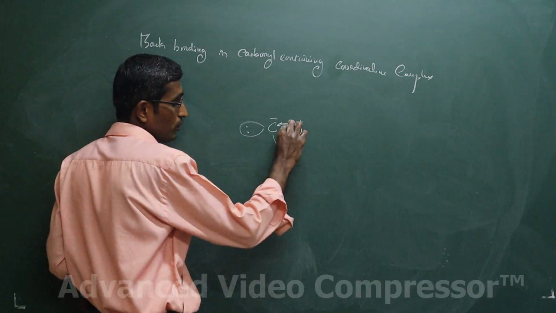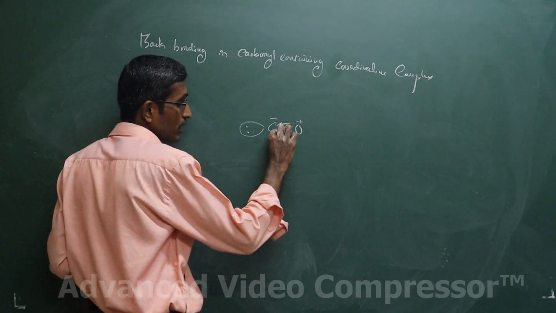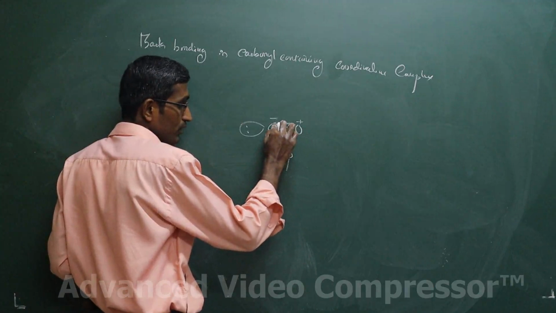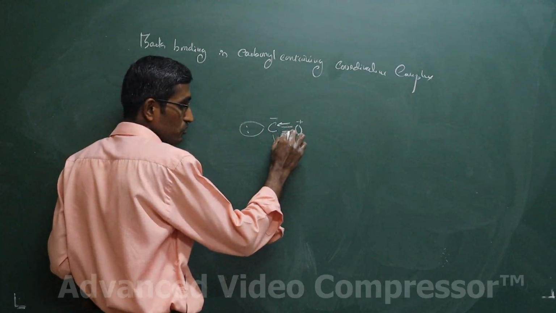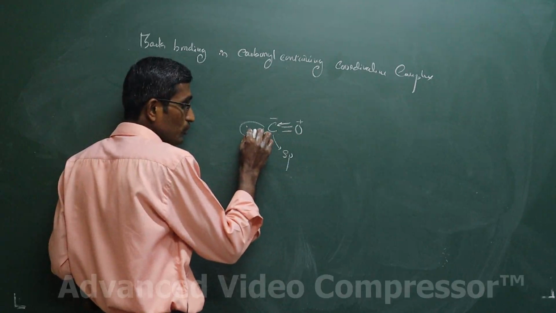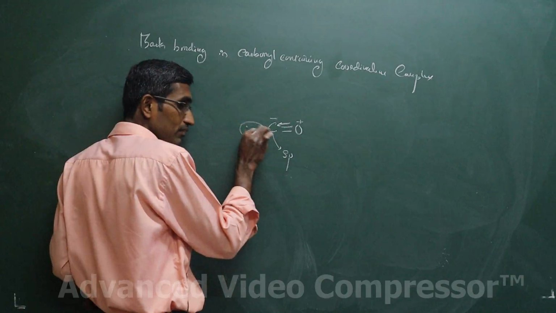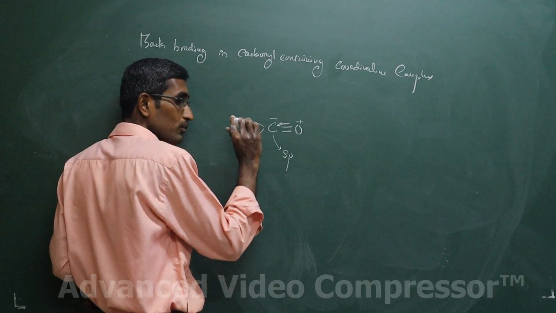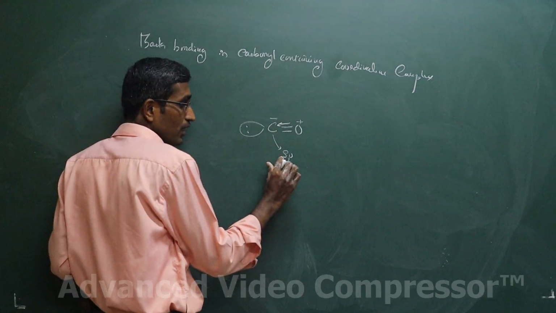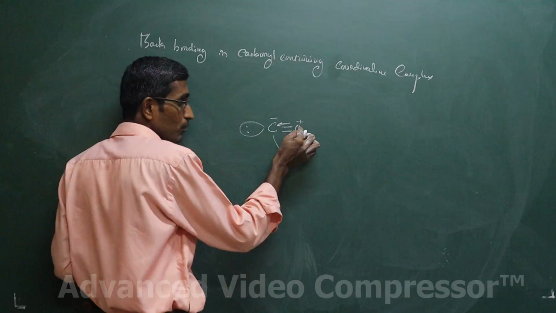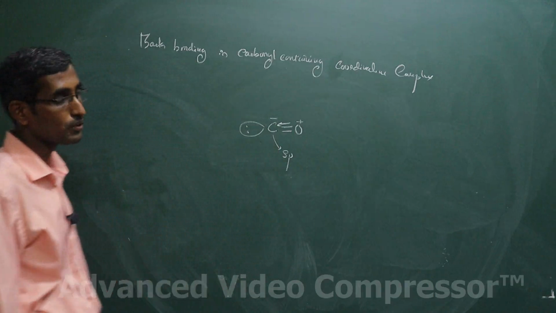Remember, these two bonds have been formed by the unpaired electron donation by the valence electrons of the carbon, and the remaining two valence electrons will remain on the carbon. Those two valence electrons will make a pair and be positioned in the sp hybridized orbital, and there is a coordination bond. This bond is basically coming from the electron transfer from oxygen to the carbon.